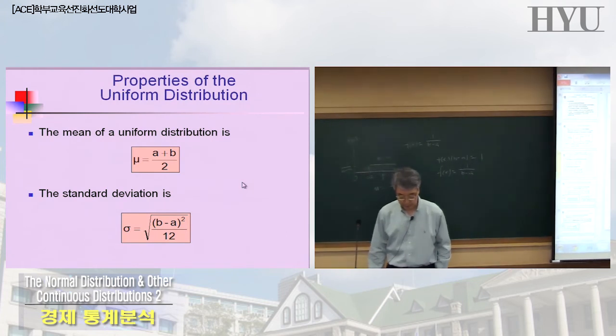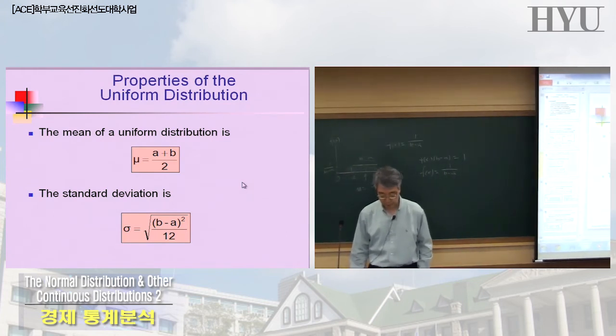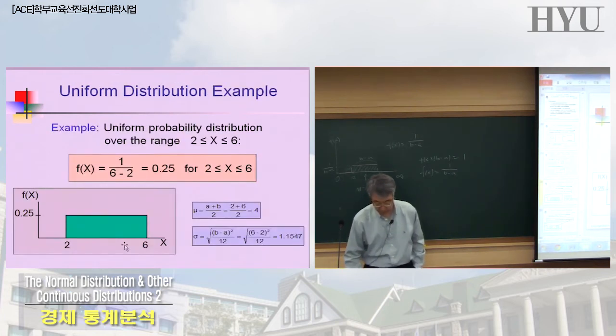The standard deviation can be obtained doing some calculations, but it is also a simple function. It's the square root of B minus A squared divided by 12. So you can easily calculate the mean and standard deviation of uniform distribution.